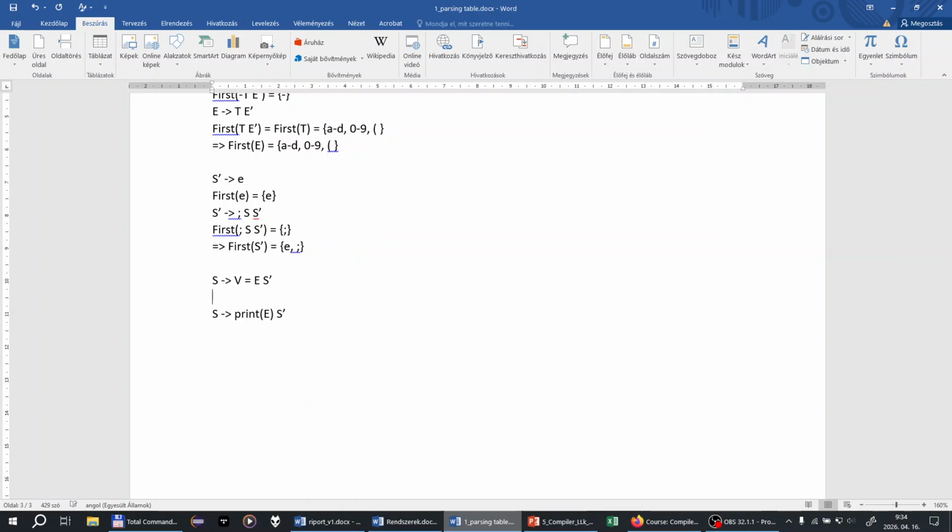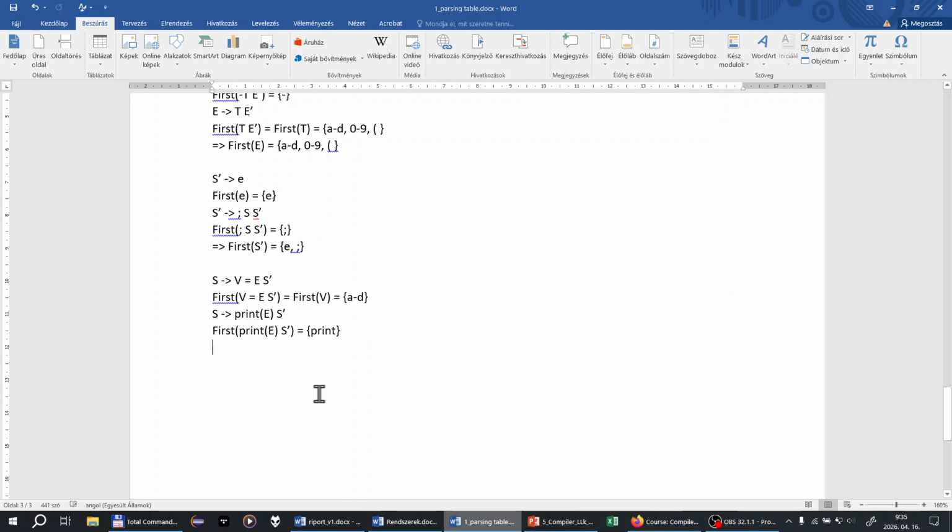In the case of S to E S prime, first V equals S to E S prime is equal to first V, which equals A to D, and first print E S prime is nothing but the print. Okay.